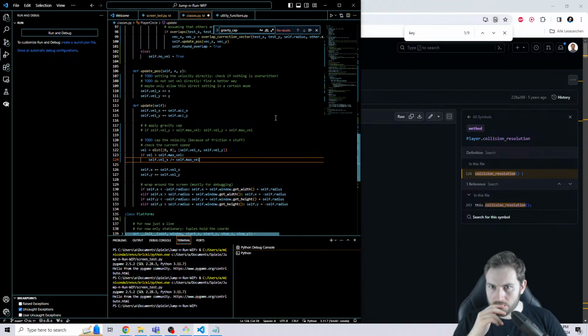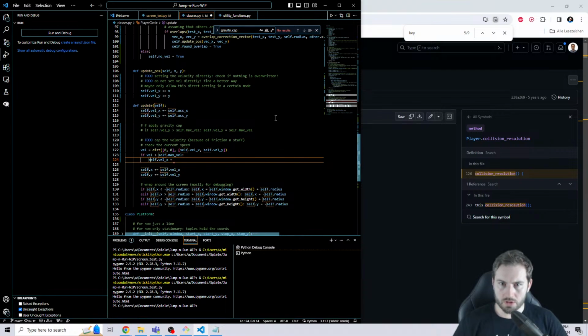I want to divide it, so I mean it's a percentage. No, maybe no, I want to divide it by the current velocity so that I can get a unit vector. And then multiply it by Maxwell.